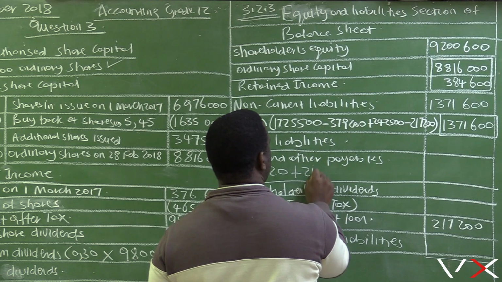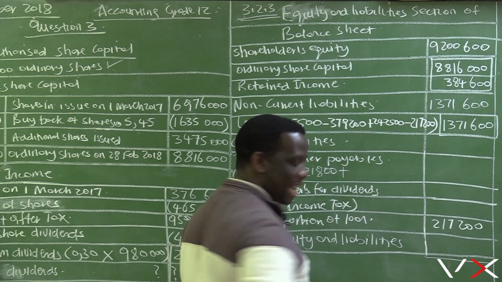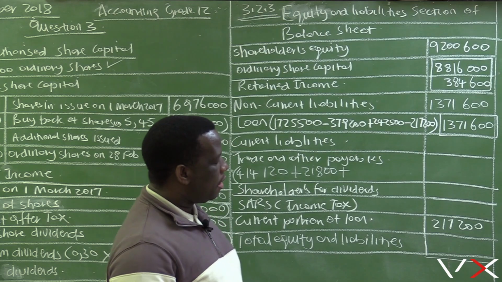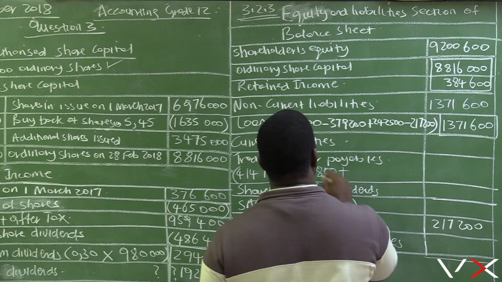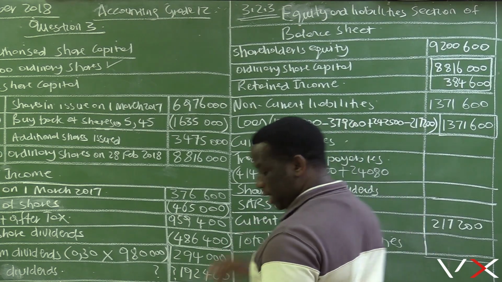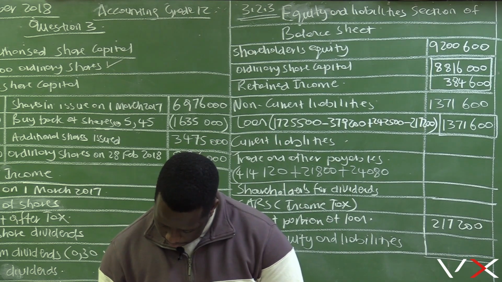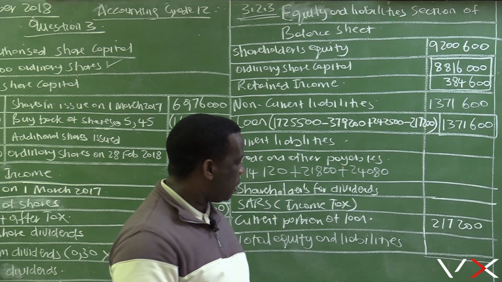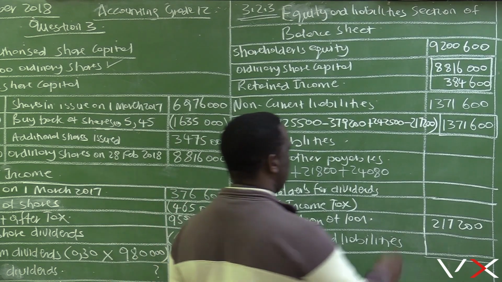So we need to add this 21,800. And according to adjustment D for rent, there was also an accrued expense, which is 24,080. So plus 24,080. And let us check if there is any income received in advance. There is nothing. So it's only these two accrued expenses, 21,800 and 24,080.